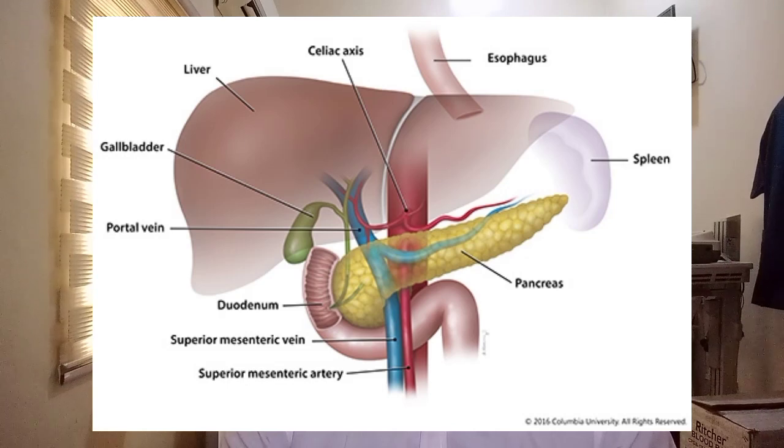The neck is a portion of the pancreas that lies anterior to the superior mesenteric vein and the origin of the main portal vein that is known as the portal confluence.